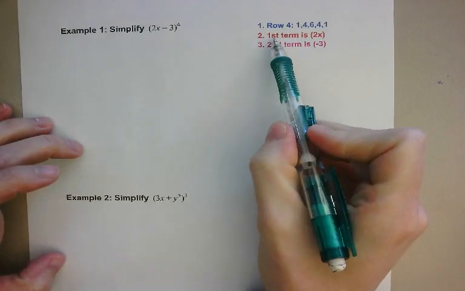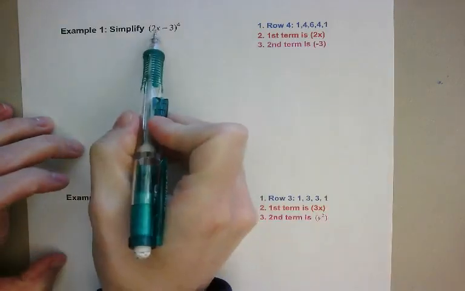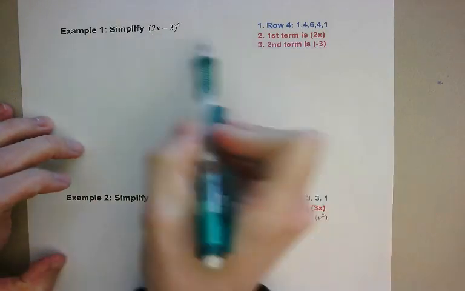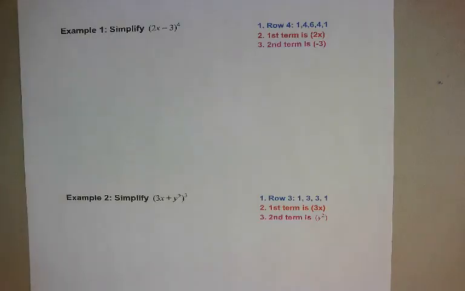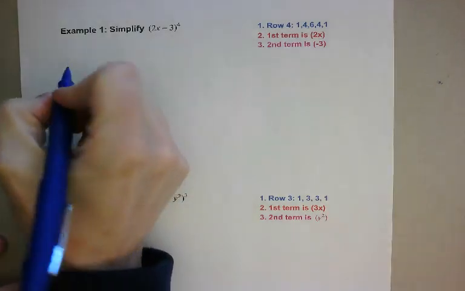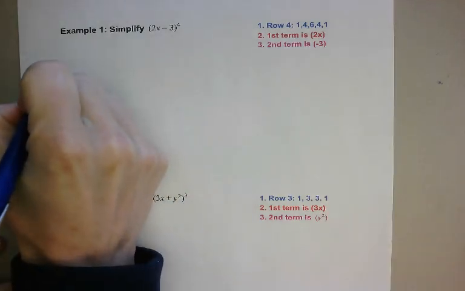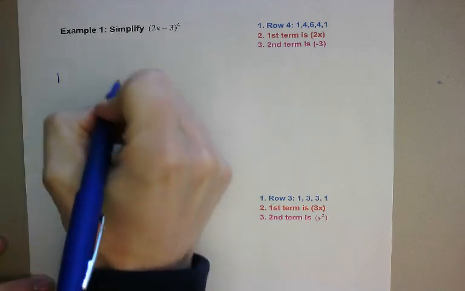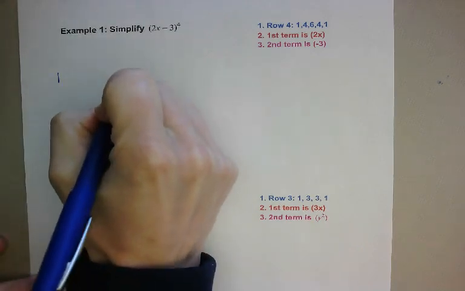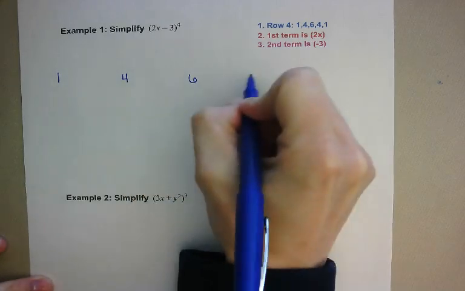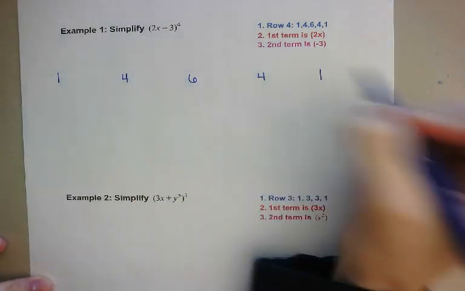I've already identified that my first term is the 2x and that the second term is the negative 3. So I'm going to go ahead and write down my coefficients. I need a 1, a 4, a 6, a 4, and then we're going to need a 1.